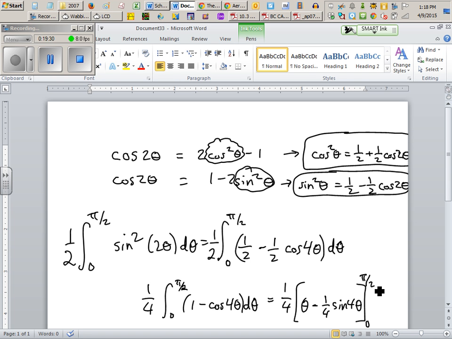When you plug in pi over 2, you get pi over 2 here, minus, and then this is just going to be a sine 2 pi, that'll vanish. When you plug in 0, both of these vanish. So there are like 4 things to plug in, but only one of them even counts.